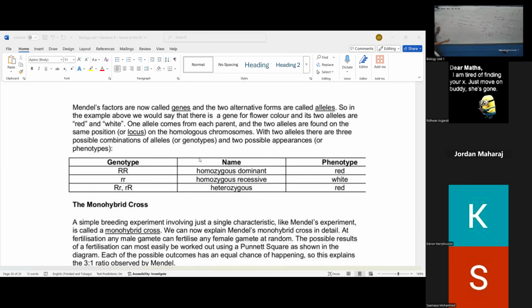It cannot be expressed any other time. And when we cross two pure breeding organisms, one pure breeding for red, one pure breeding for white, we get the 3-to-1 ratio.